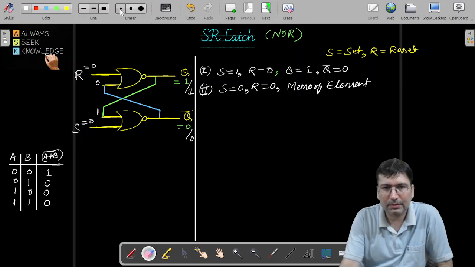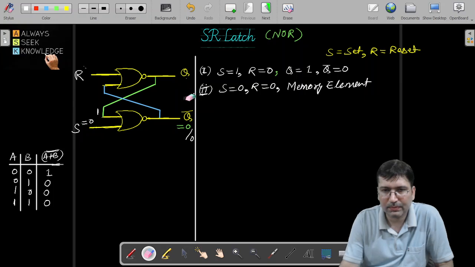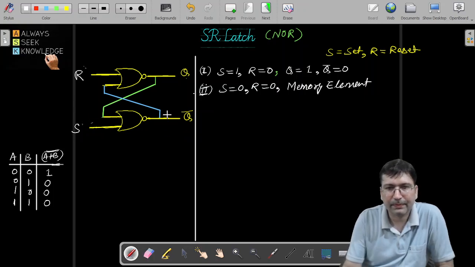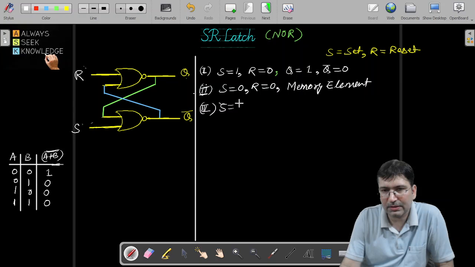Now let's analyze another case, in which I'm just removing all this. Okay. Now let's say another case in which we are considering S as 0 and R as 1. R means reset is high.